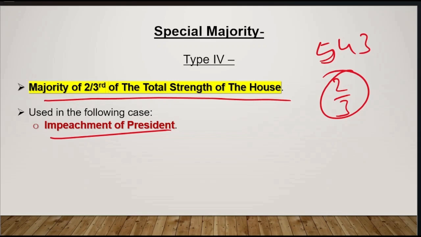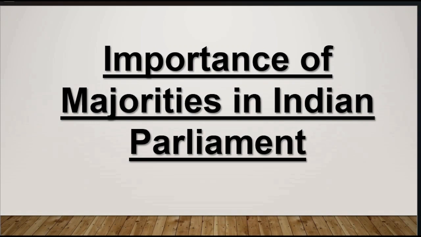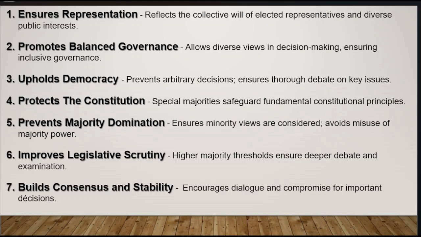So why are these majorities so much important in our parliamentary democracy? কি reasons আছে? ফার্স্ট হচ্ছে it ensures representation। মানে, আমরা we are sending our representatives in the parliament who will represent us, right?